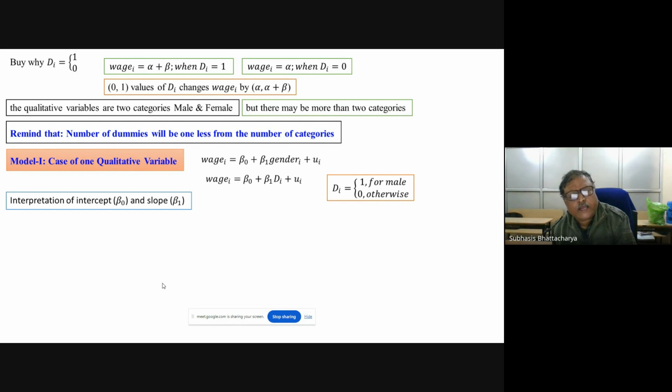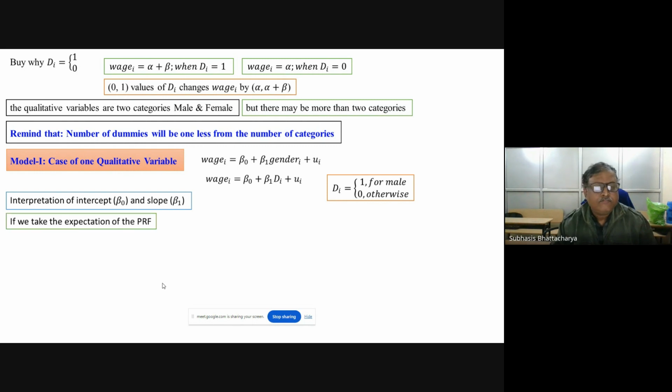If there is nothing like Di, then wage is expressed only by beta 0, and if it is related to Di, then wage is expressed by beta 0 plus beta 1 Di. The term related to Di is beta 1, the slope term, and the term not related to Di is beta 0, the intercept.